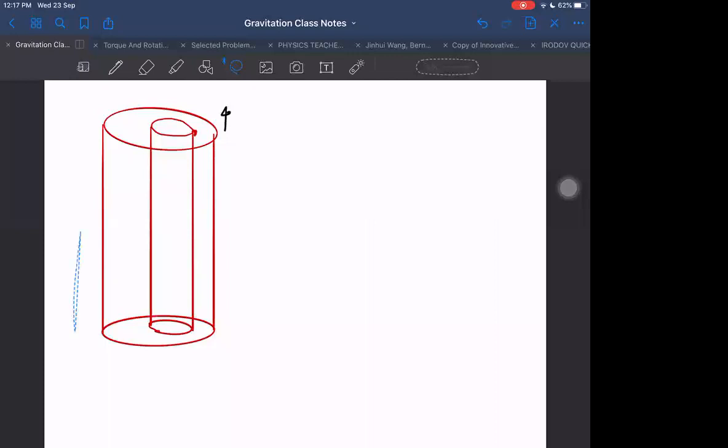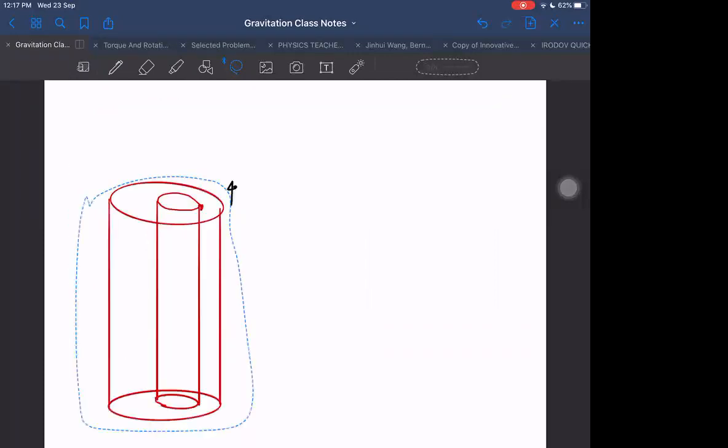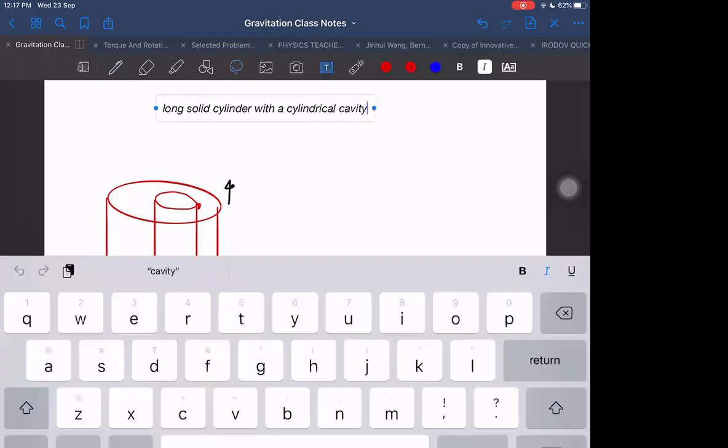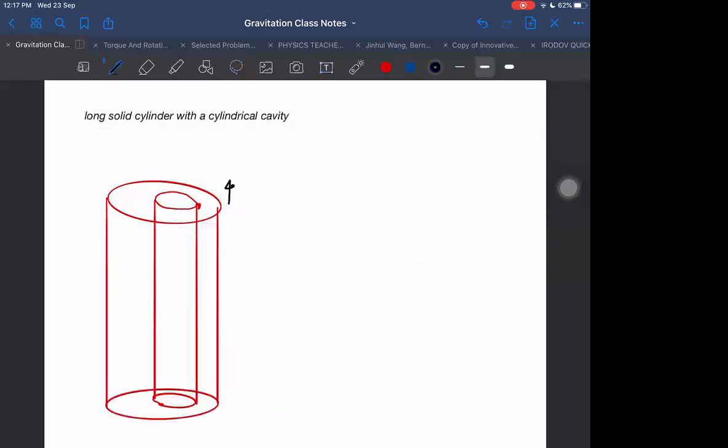If you can, go back to see what the formula is and how we derived it. If you are not remembering the formula for the cylinder, then you can derive it again using Gauss law. It is so long that I cannot draw its edges, so don't think that the diagram is complete.